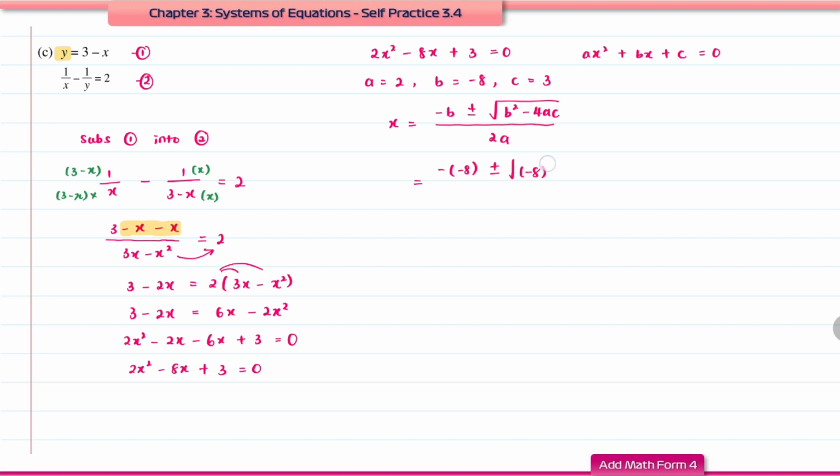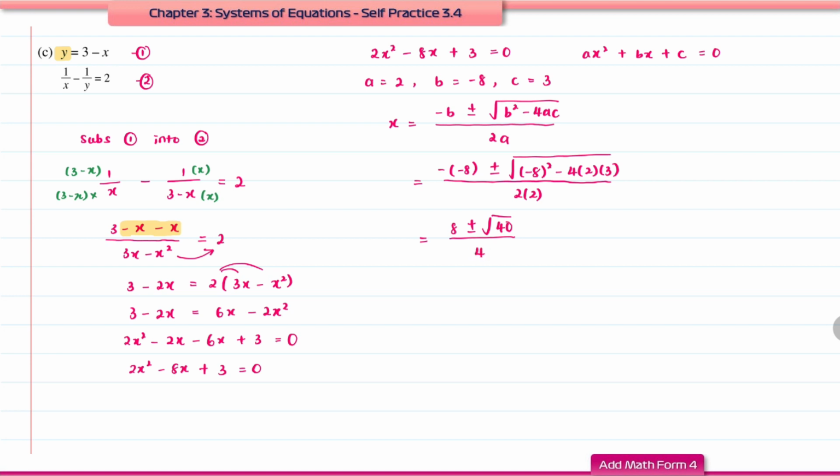Alright, let us solve this. So here you're going to have 8 plus minus square root 40 divided by 4.